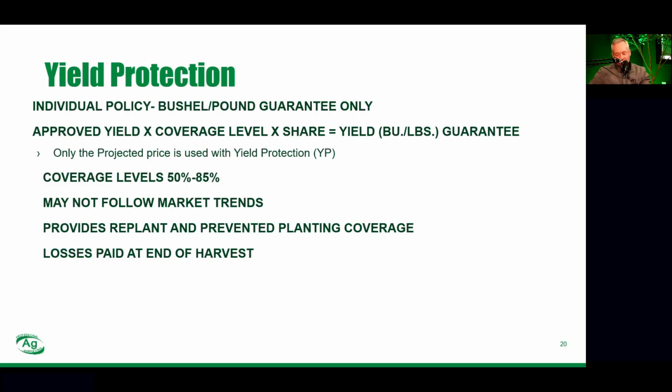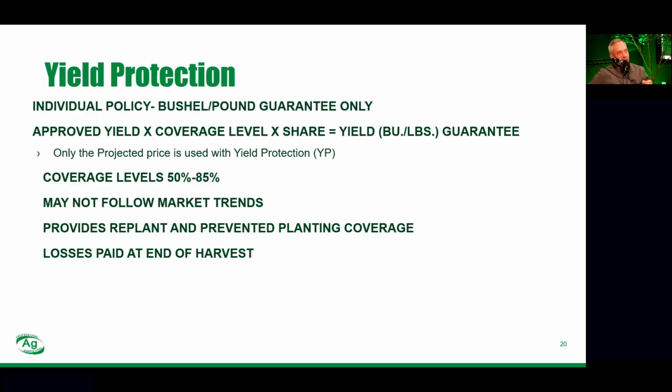It's relatively simple, but we're going to start with the easiest of them all, yield protection. So yield protection, again, is an individual policy only protecting yield, yield being bushels for corn and soybeans, pounds for sunflowers, pounds of sugar for sugar beets, for example, hundredweights for dry beans, whatever your unit measure is, but only covering bushels, no price involved.